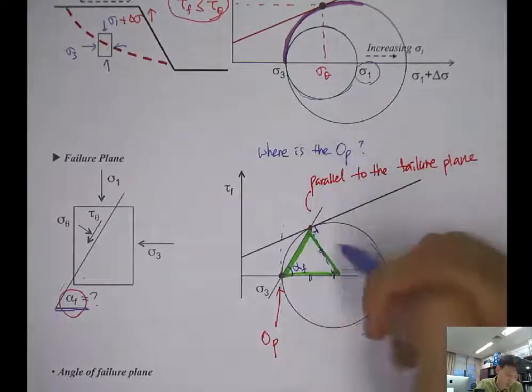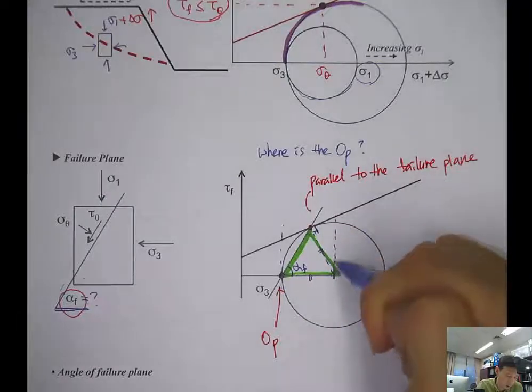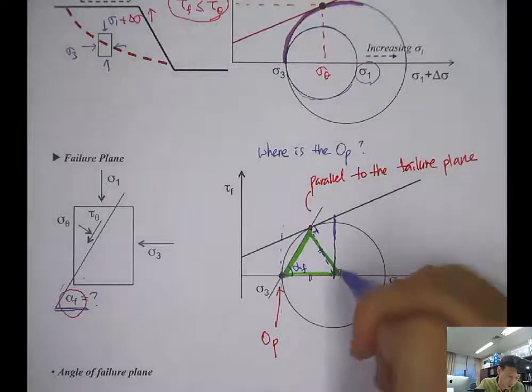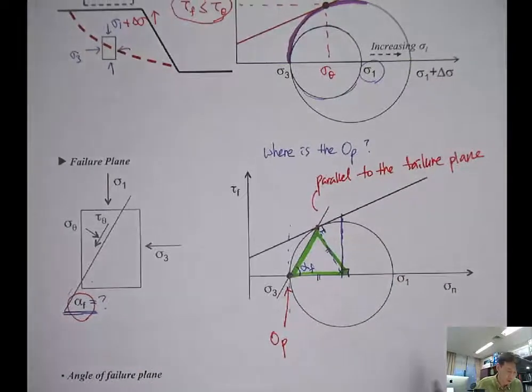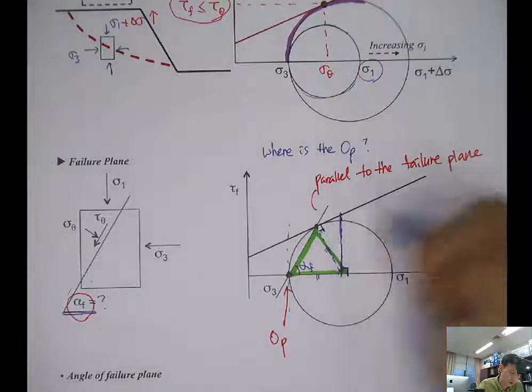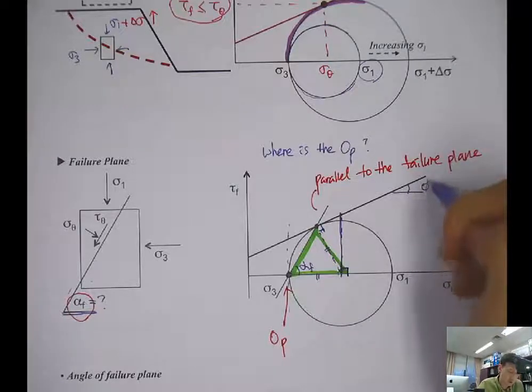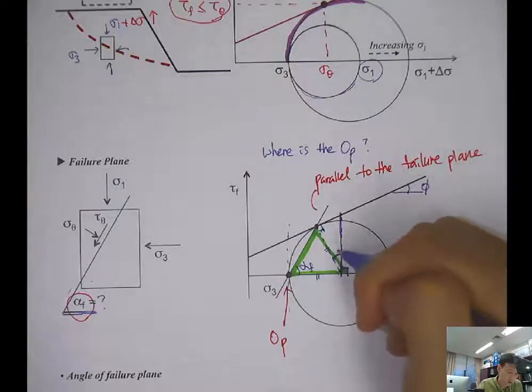And you draw a line at a right angle from the center vertically, and this is the friction angle.